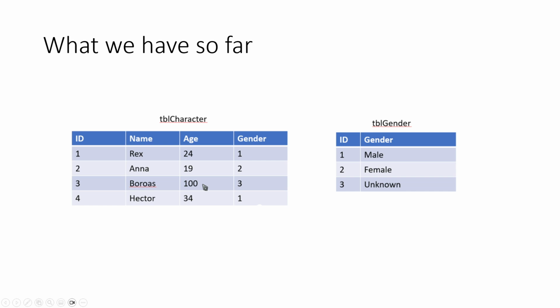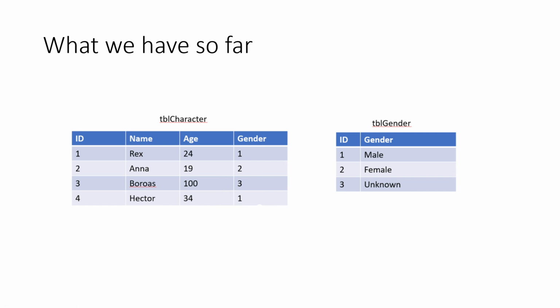What are we going to do? It's going to be very difficult, because we're going to have to come to the table, find each and every record that has this unknown gender, and then replace that with the new gender.